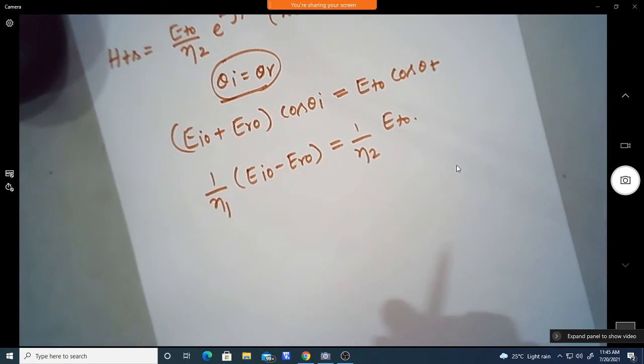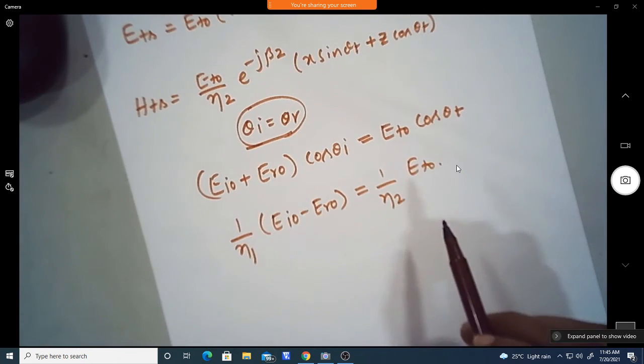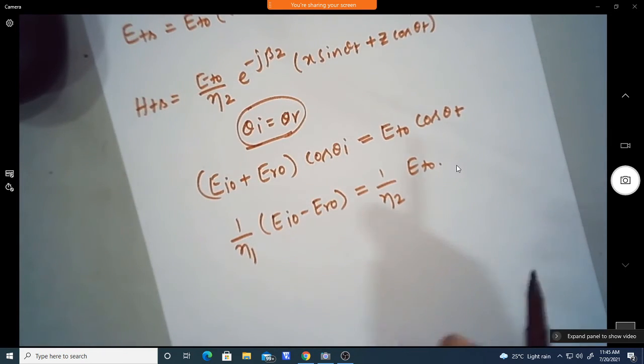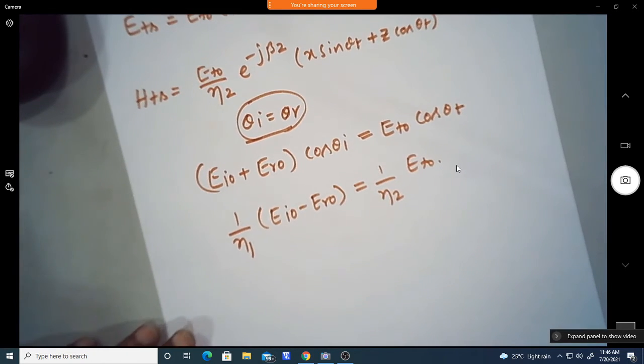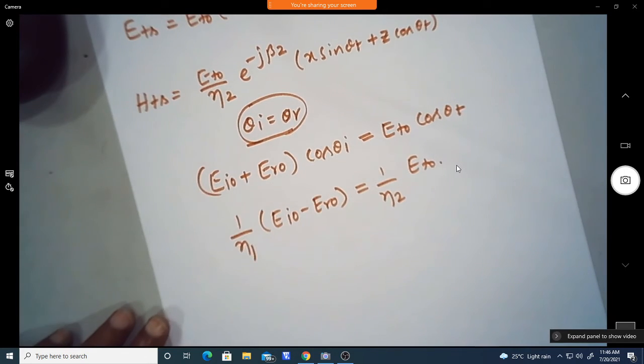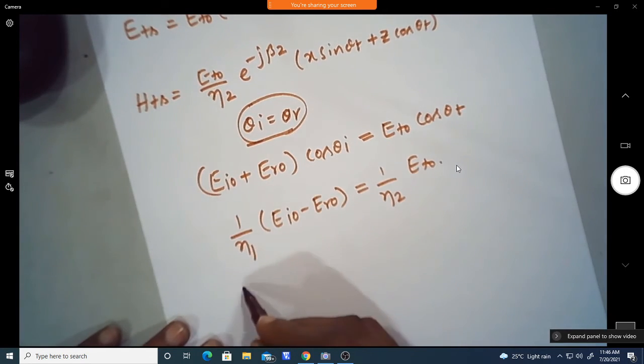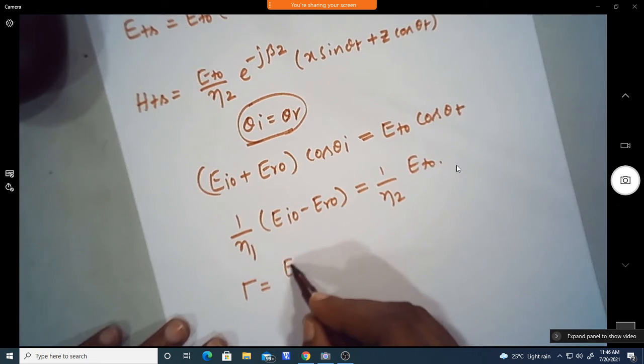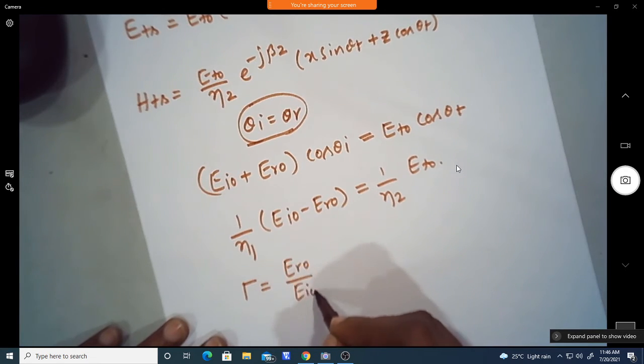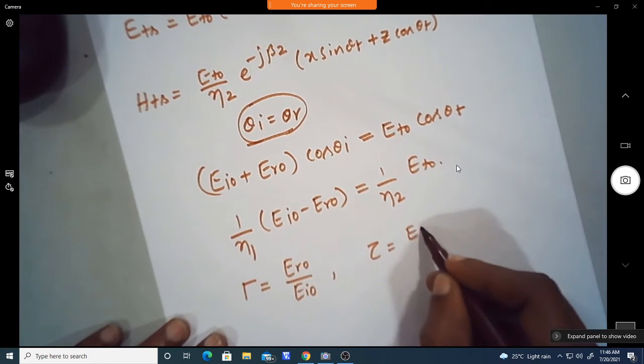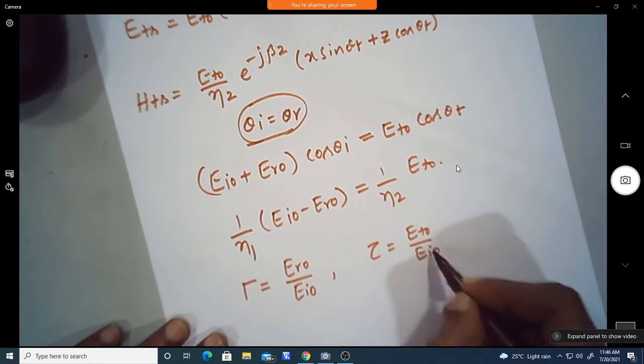So expressing ER naught and ET naught in terms of EI naught, again we obtain the reflection coefficient in terms of medium 1 and medium 2, that is ER naught by EI naught, and the transmission coefficient, which is ET naught by EI naught. So that we know.